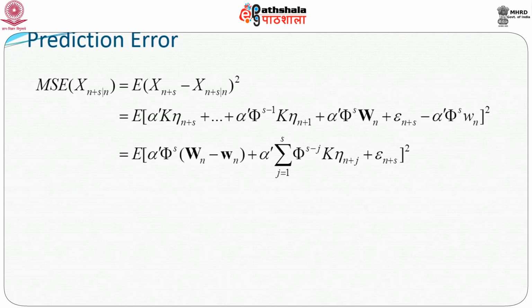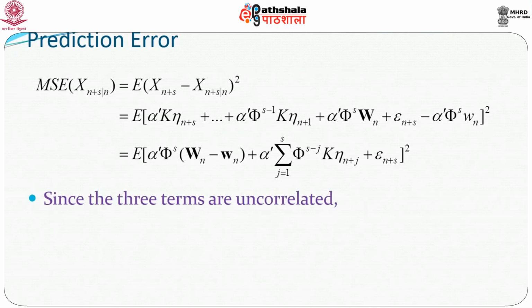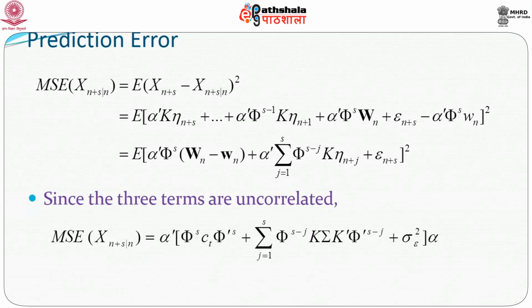The first term depends on the past values, the second term depends on the future values of eta, and the third term depends on epsilon_{n+s}, and hence these three terms are independent of each other. So when you take the square of them and take the expectation, being uncorrelated, the cross product terms would be 0, and the MSE turns out to be simply an expression of this type. So that would be the prediction error for estimating x_{n+s}.